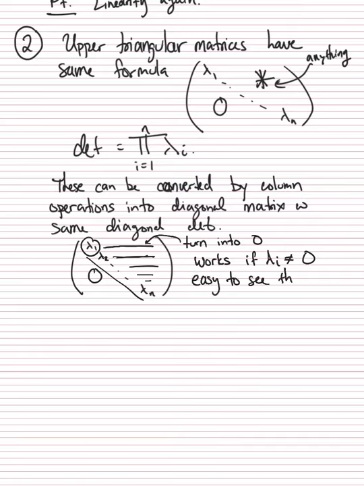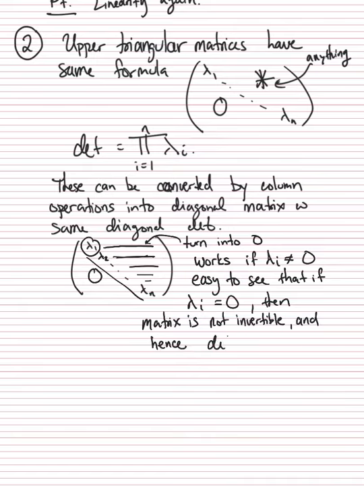that if lambda i is 0, then the matrix is not invertible, and hence you get determinant 0.